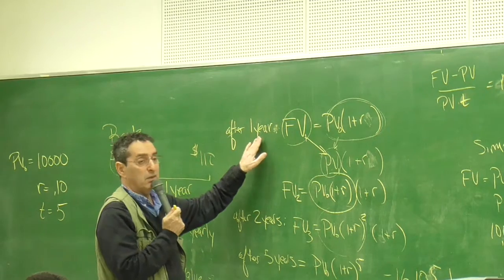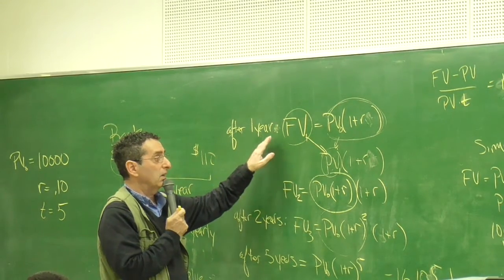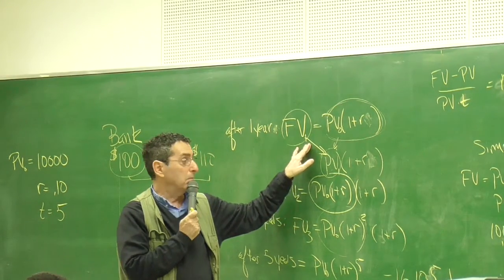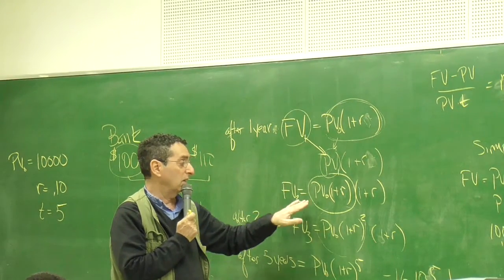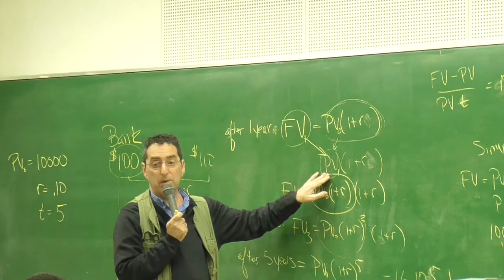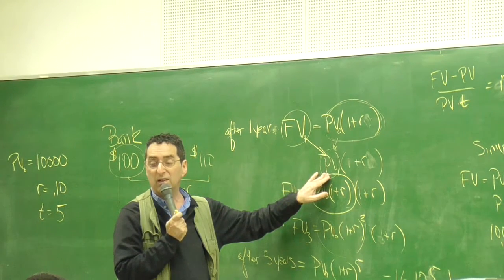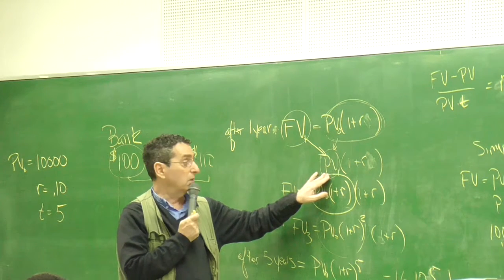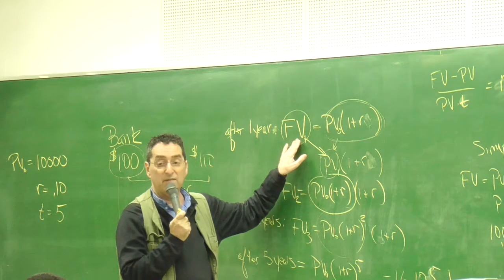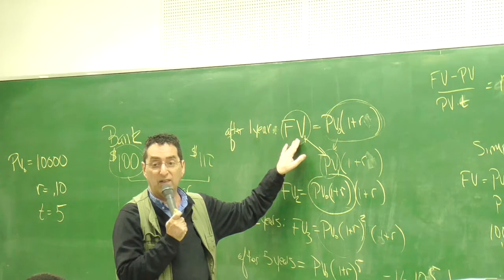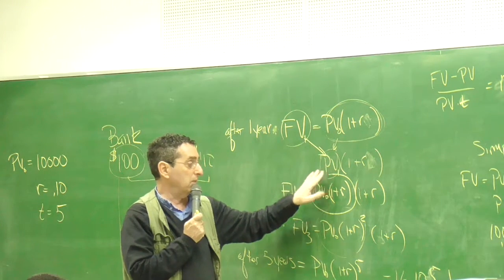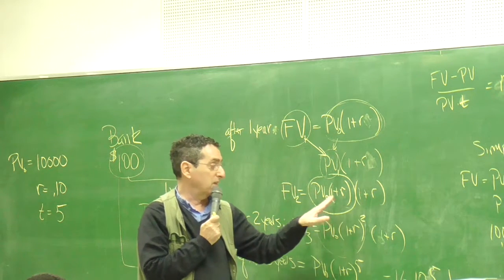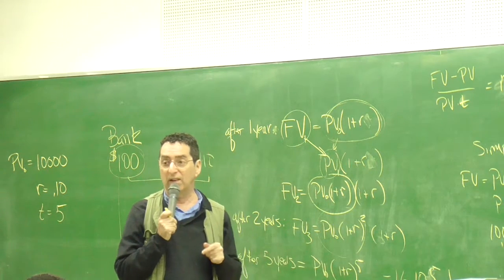We said at the end of the first year, it's going to be the same, because we don't have any extra money in there. But then at the beginning of the second year, our PV is different than it was at the beginning of the first year. Right? So the new PV is the FV from the end of the year. So we replace that PV with this. Okay? And then we see that we get two terms that are the same there.